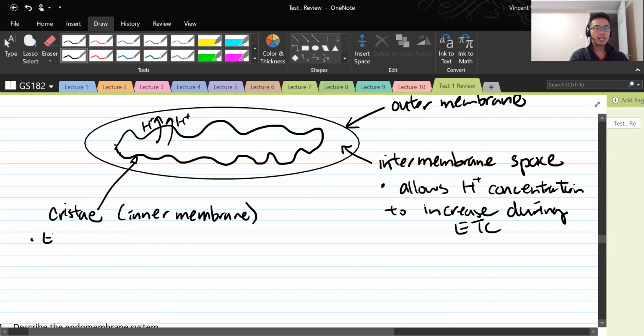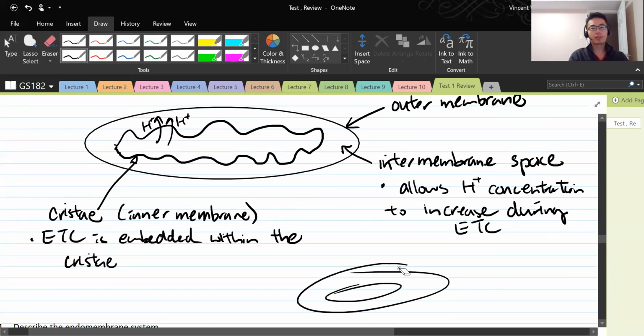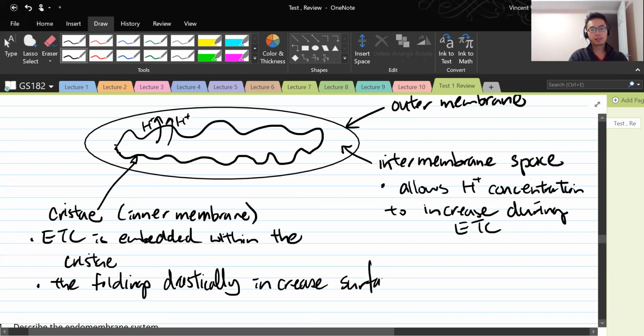Okay, so the ETC is embedded within the cristae. Now, why do you want to fold it up? Why not just have another circle like that, right? Well, by folding it up, the foldings drastically increase surface area, right?